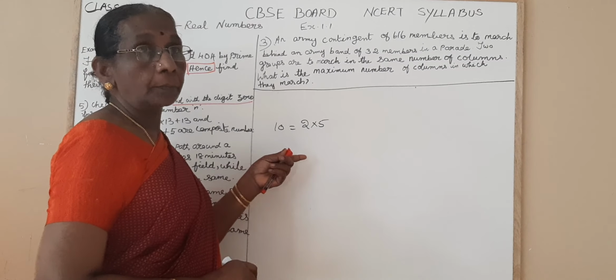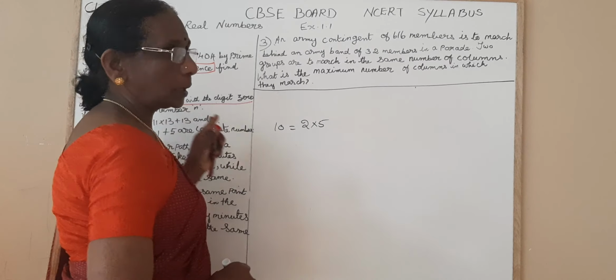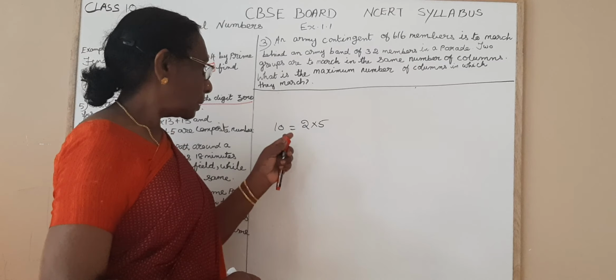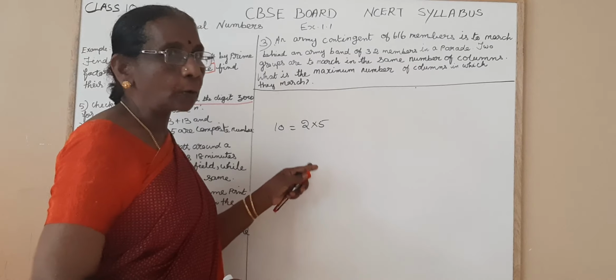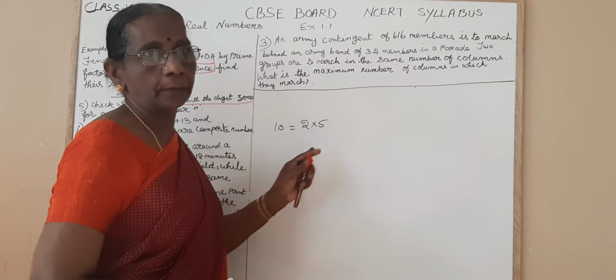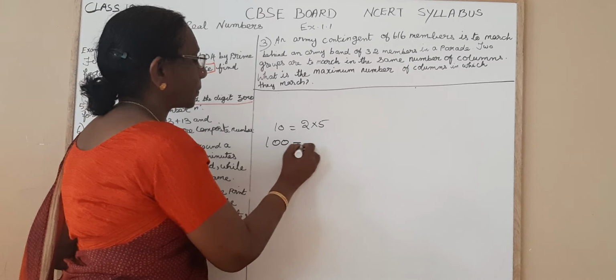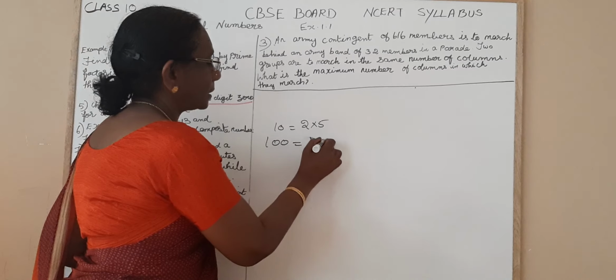So for any number in the form of 6 power n or a power n to end with 0, the prime factors of that particular number should have 2 and 5. That's very important. Suppose 2 zeros means it's what? 10 into 10.